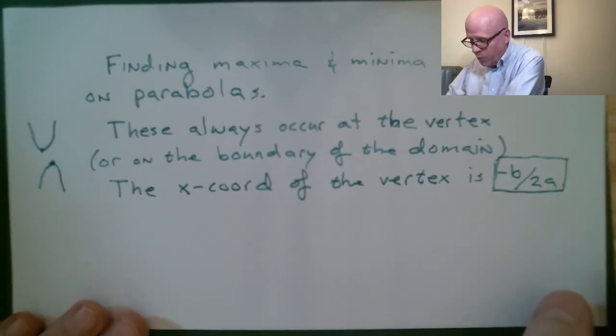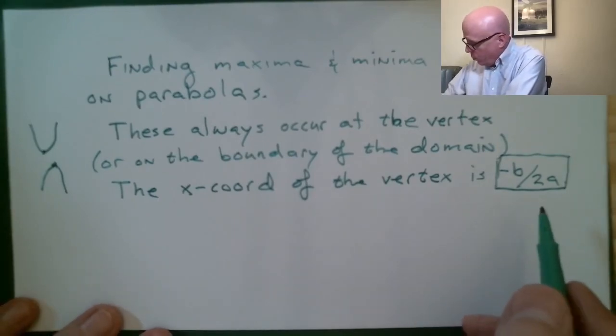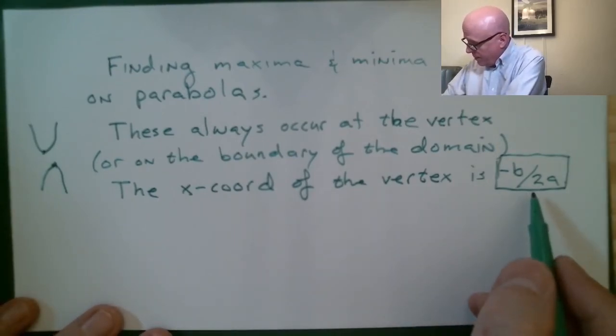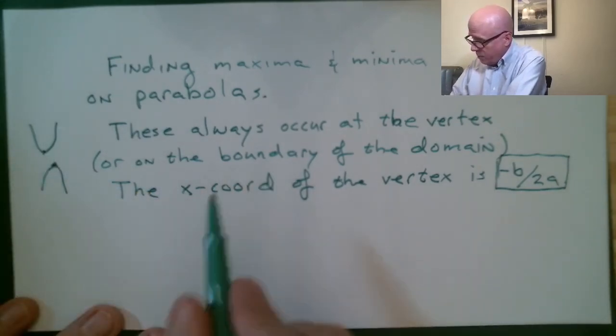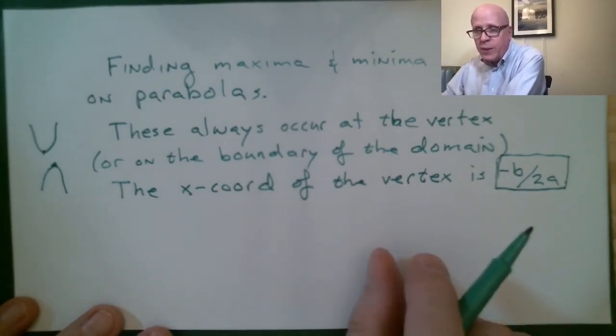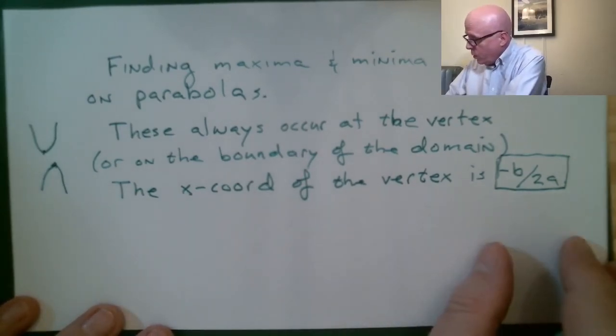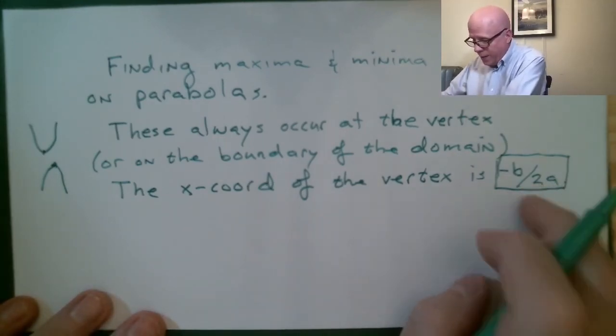It's negative b over 2a. That actually comes out of the quadratic formula. So we know the location of the local max or min, and together with any boundary points on a parabola, it's a pretty easy story. At most 3 places we need to check for the largest and smallest values. I just wanted you to see where that comes from.